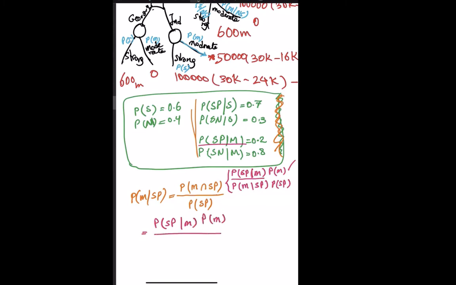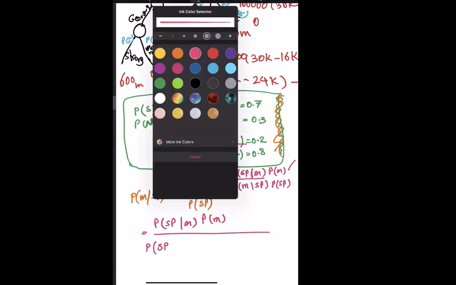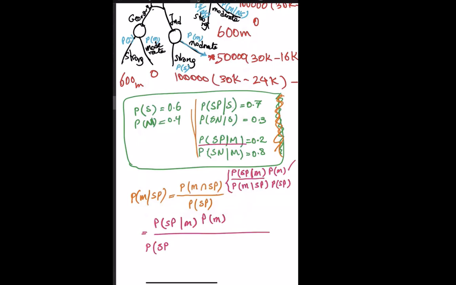And how about the denominator? It is the probability that the survey says positive. Overall in this problem, this thing has been conditioned on two things: either the sale is strong or the sale is moderate.